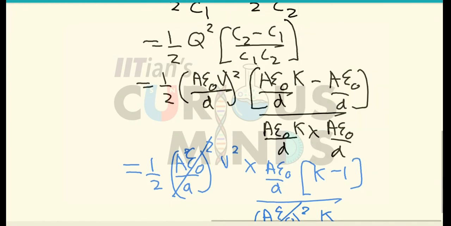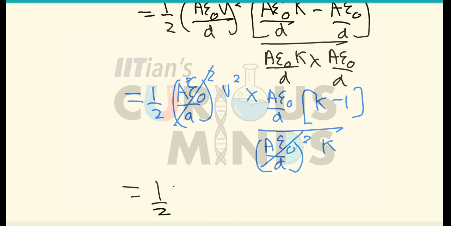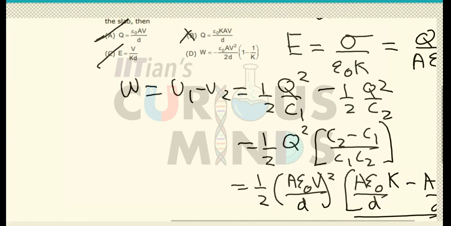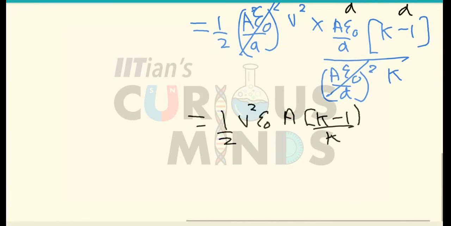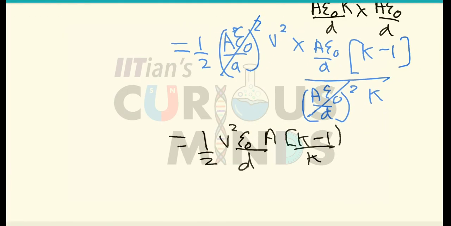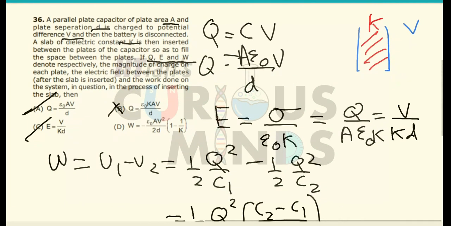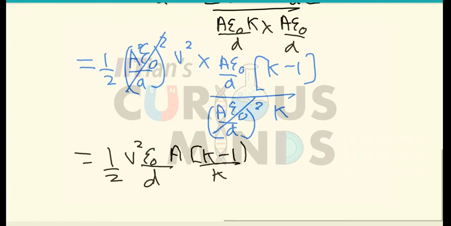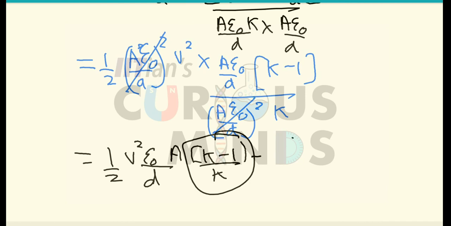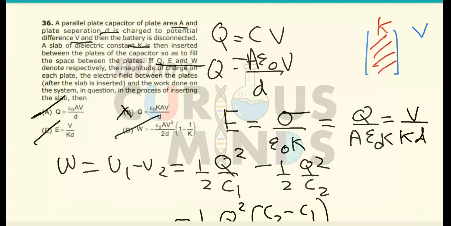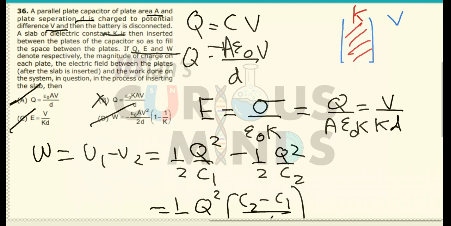Rearranging, it is half V square epsilon naught A K minus 1 divided by K, and also divided by D. If you see option D, epsilon naught A V square divided by 2D into 1 minus K, how did they obtain 1 minus K? If I separate K here, this part can be written as 1 minus 1 by K. So the correct answer is option D. The correct answers here are options A, C and D.